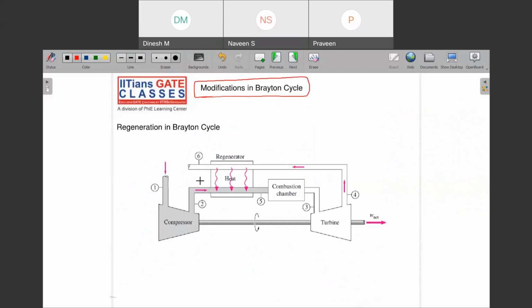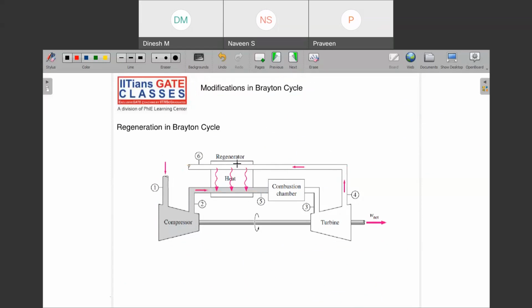We were initially rejecting heat from 3 to 4, after expansion we were rejecting this heat, and then we are adding heat to the gas which comes out of the compressor.